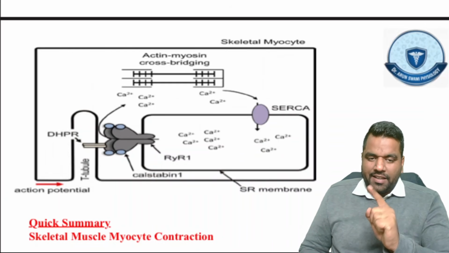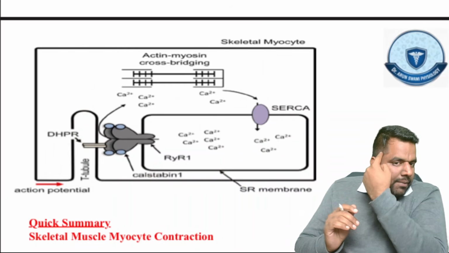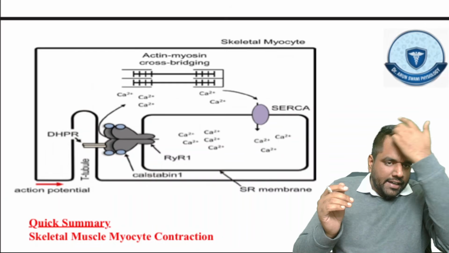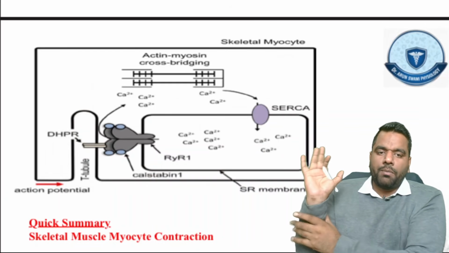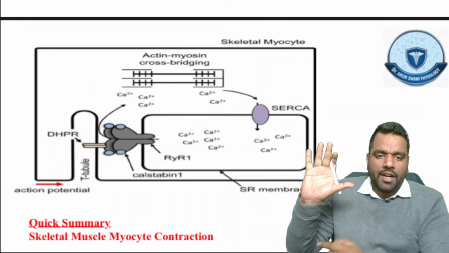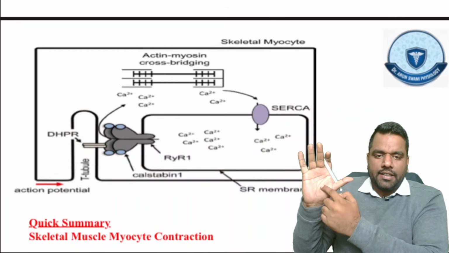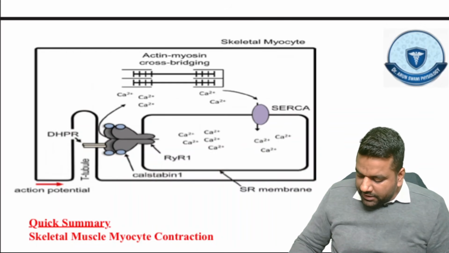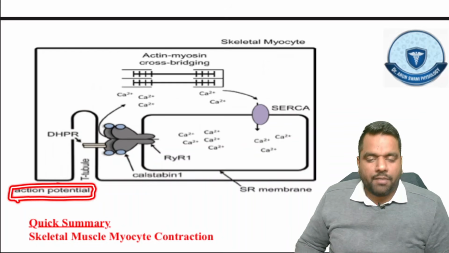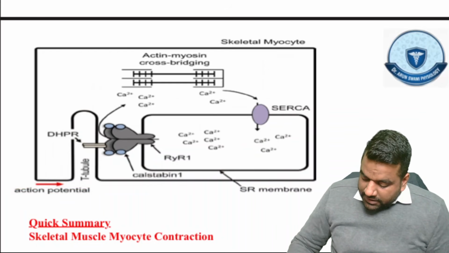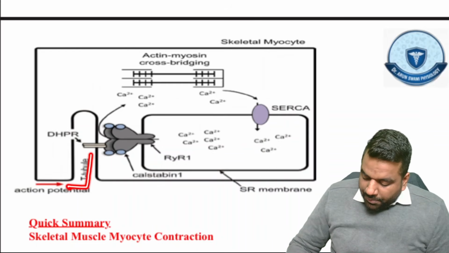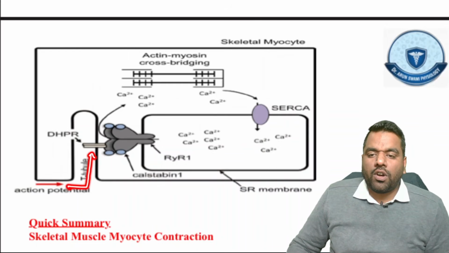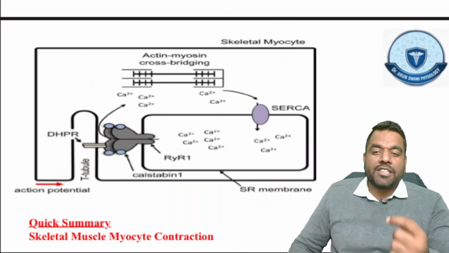So what happens? First of all, our brain sends the message via the nerve, and then this nerve reaches the muscle. Suppose this area needs to contract, so this nerve carries the signal and reaches over here in the form of an action potential. This action potential enters the T tubule, and this current activates the DHPR.